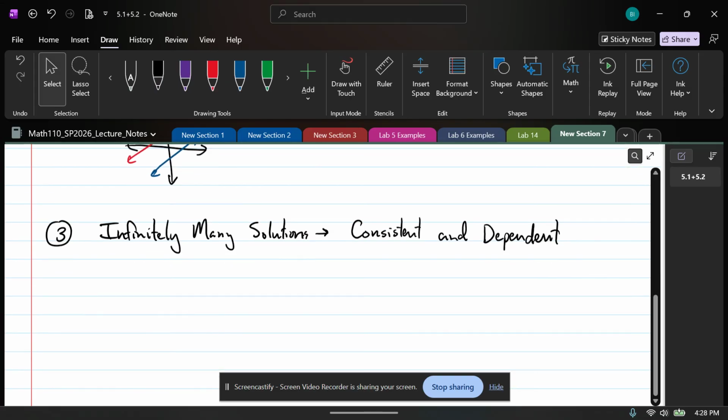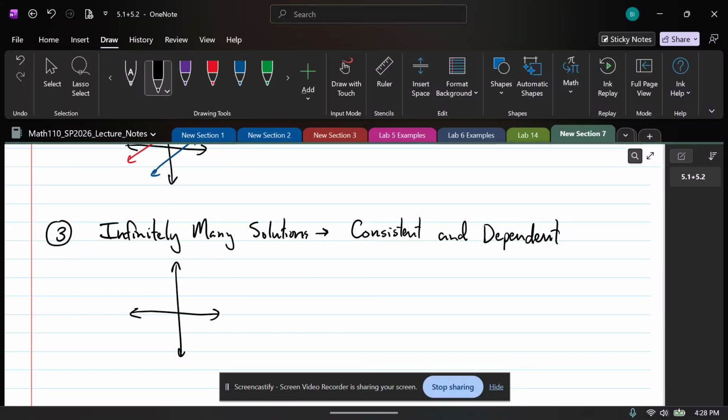What's going to happen there, the graph ends up being the same line right on top of one another. And I'm just drawing that line, and then I'll draw that blue line right on top of it. Okay. So they're laying right on top of each other. They're touching each other in an infinite number of places.